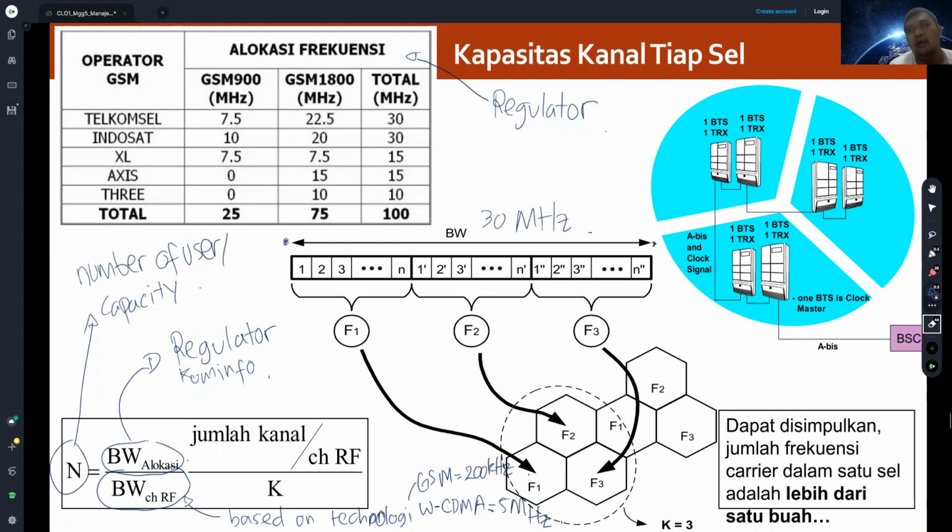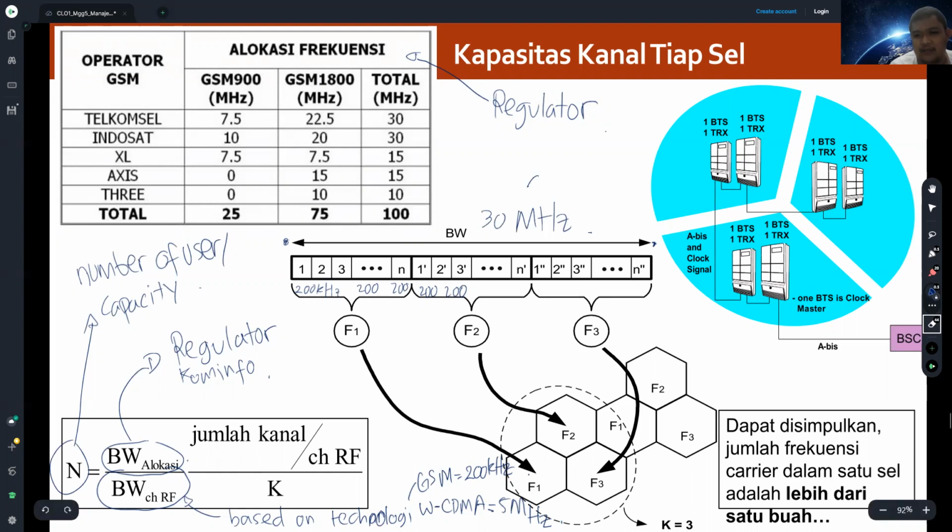For example, if we are talking about GSM, each of this allocated bandwidth will consist of 200 kilohertz. This one is 200, this one is 200. So how many subchannels could be contained within 30 megahertz?